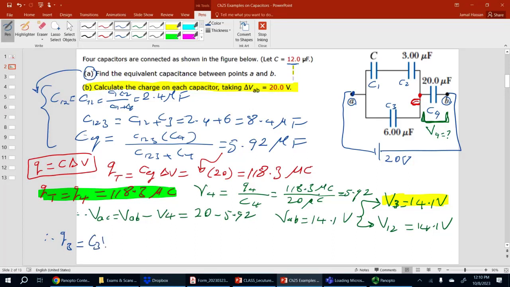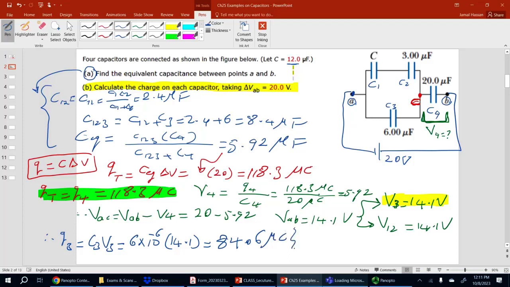C3 is 6 times 10 to the power minus 6, and we have 14.1, so 6 times 14.1 is 84.6. Does this make sense? Yeah, 84.6 microcoulomb.